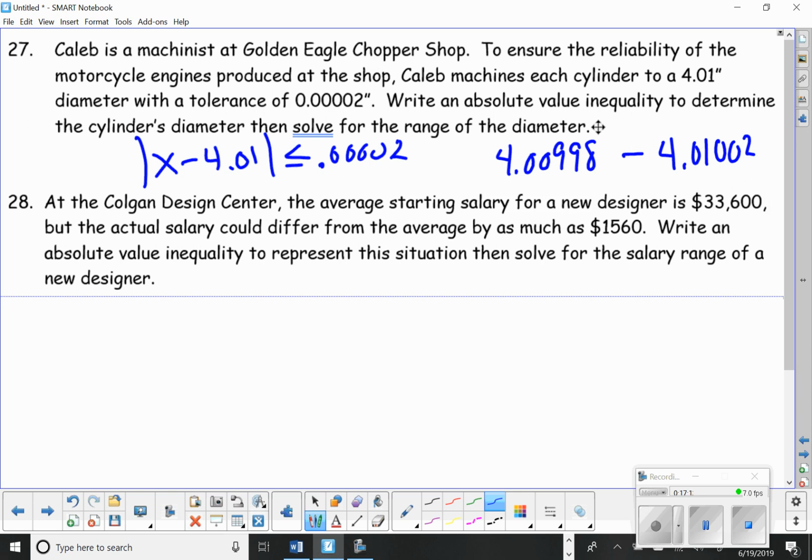Yeah, 998. And that should be inches. There we go.